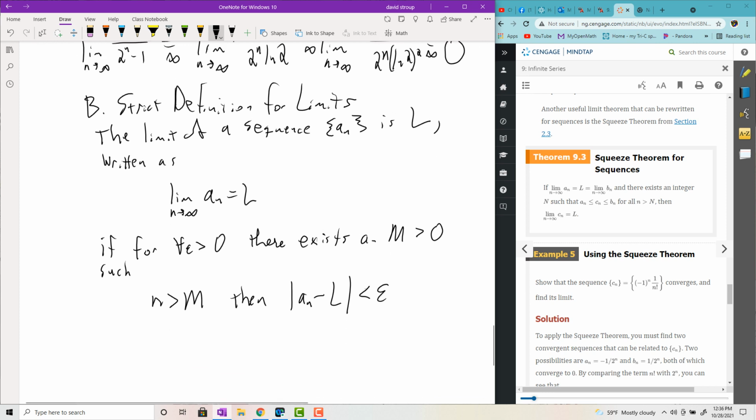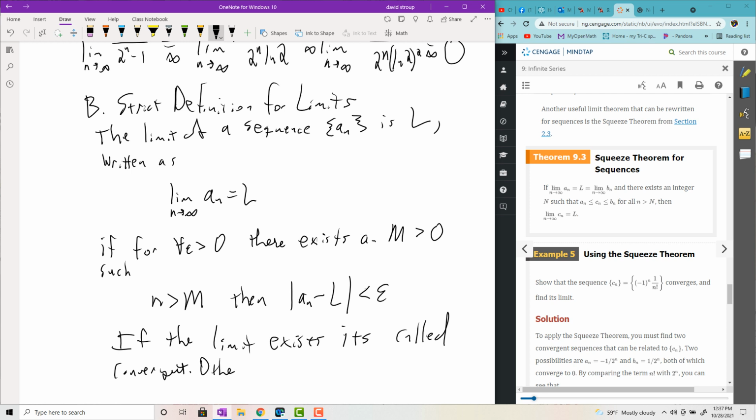So we say if the limit exists, it's called convergent. Otherwise, it's divergent.